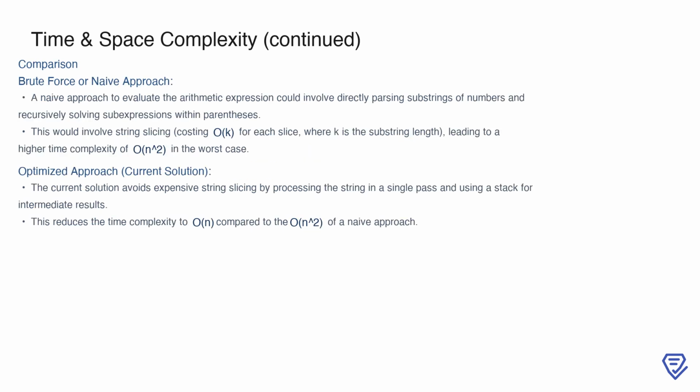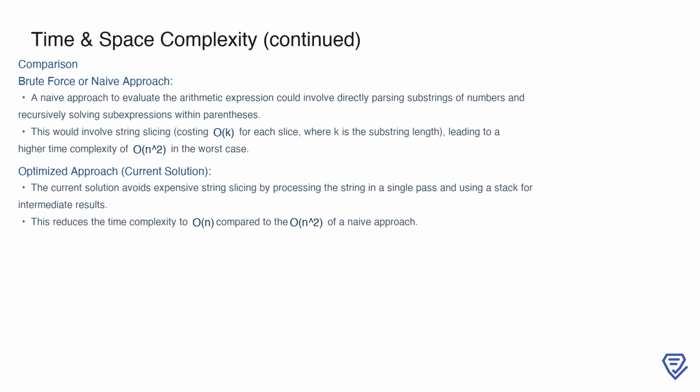To better understand the efficiency of this approach, let's compare it to a brute force or naive approach. A naive method for evaluating arithmetic expressions might involve parsing substrings of numbers and recursively solving sub-expressions inside parentheses. This would require string slicing, which has a cost of O(k) for each slice, where k is the length of the substring.